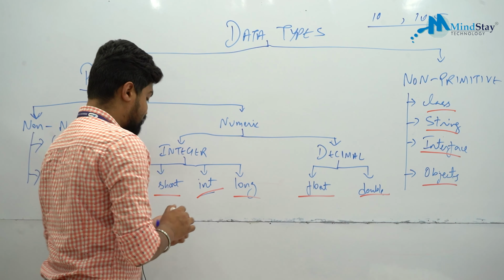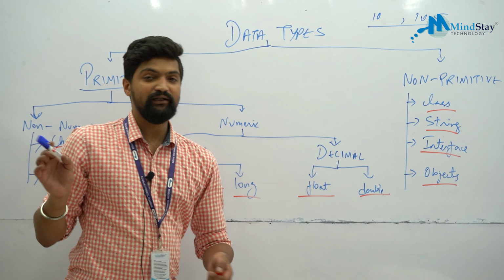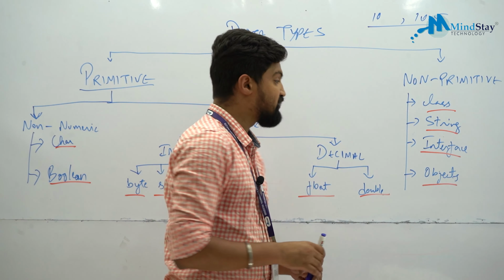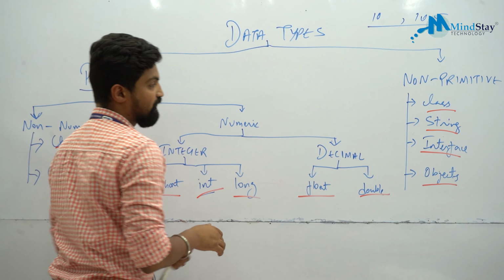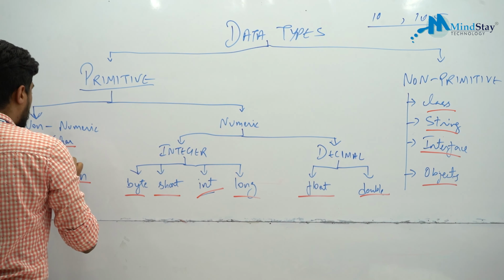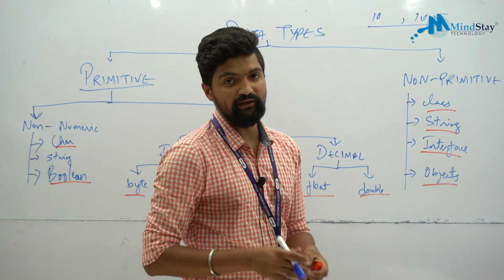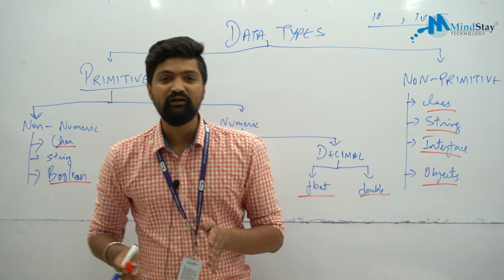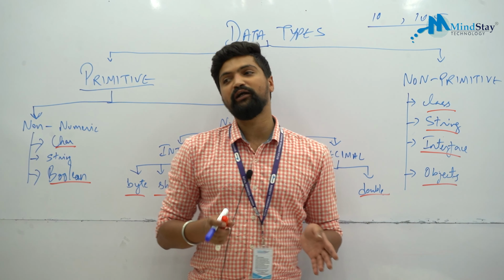Now string is one such data type which is non-primitive and also has features of primitive. How? That's a different topic, and we'll be learning that in string. With the help of string, you can take in a lot of characters and put in an entire value.